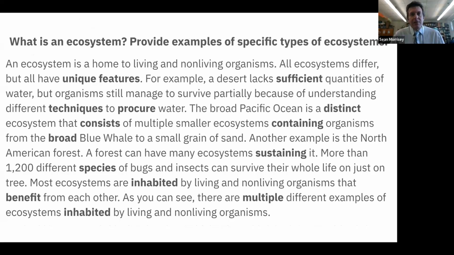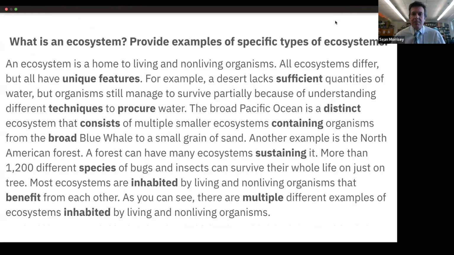I would say over the last 5 years, I've really tried to ramp up my teaching of academic vocabulary. And if you notice here, one of the questions that we wrote to was, what is an ecosystem, and provide examples of specific types.